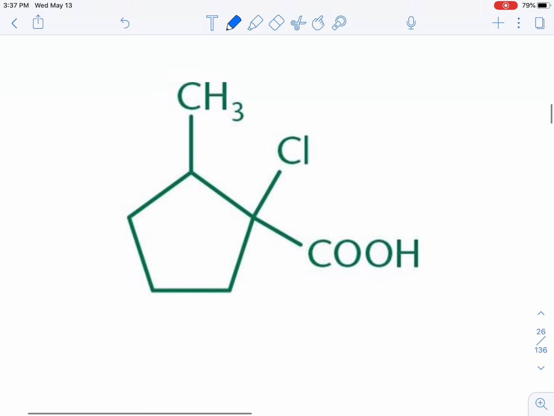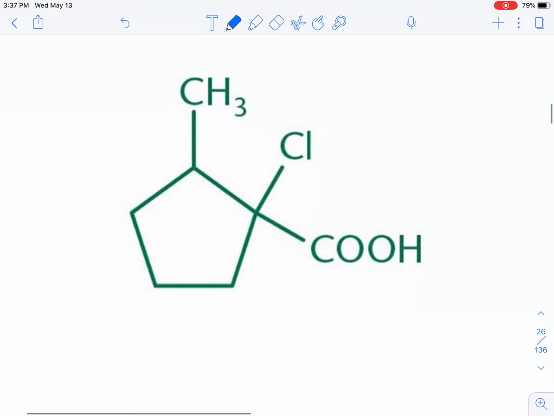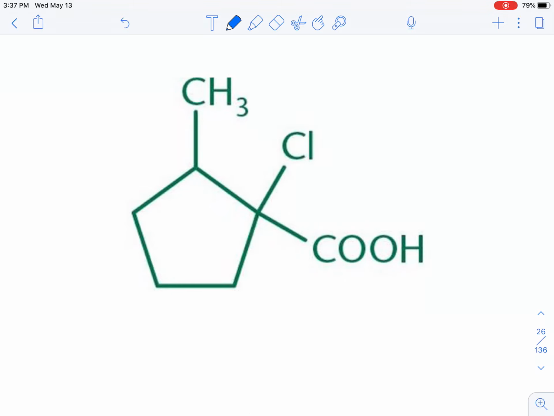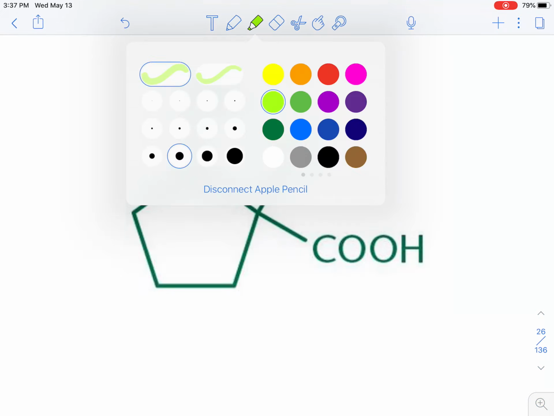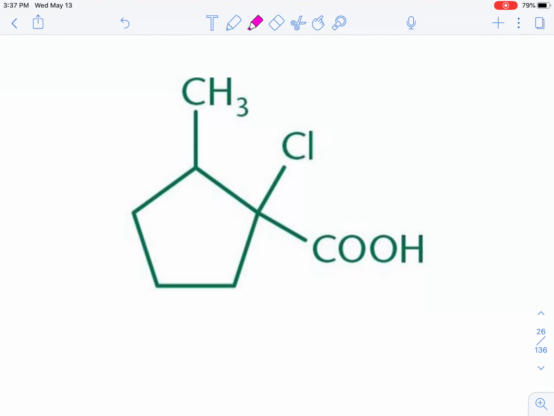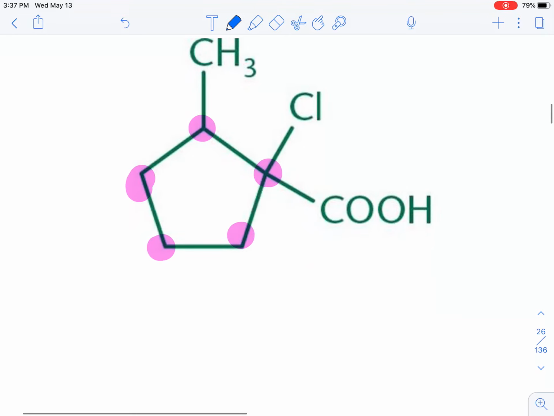All right, so let's go ahead and talk about this cyclopentane. So I kind of gave away the parent name, but that's okay. So 1, 2, 3, 4, 5. So we have 5 carbons in our ring. And we see our COOH. And so that would make this specific carbon, carbon number 1.